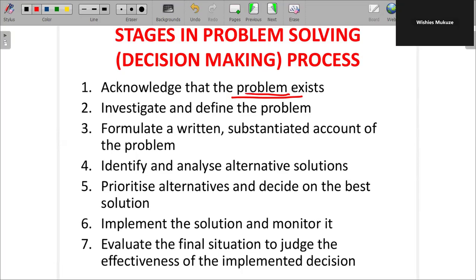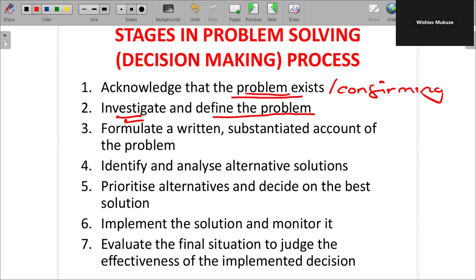Once you confirm that there's a problem, what are you going to do? You investigate and define the problem.